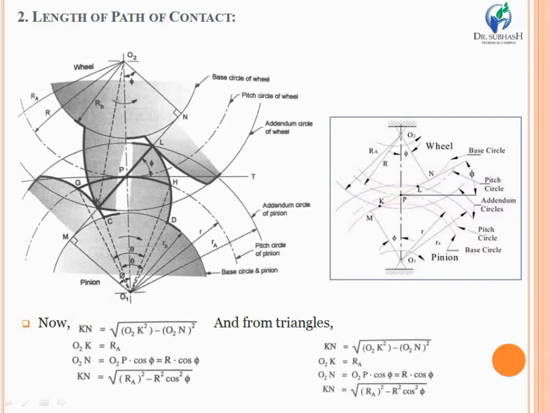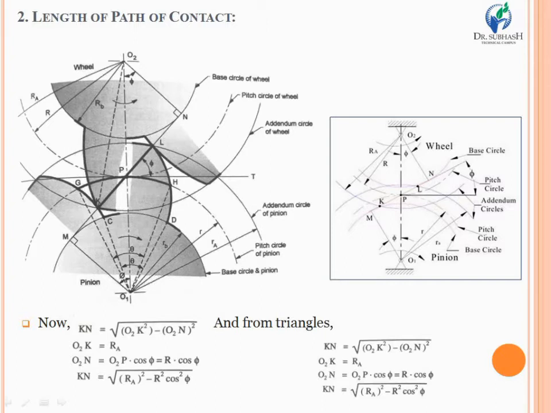So ultimately, over here M and N as well as K and L, if you calculate the distance KL, it will be known as the length of path of contact. The length of path of contact of two meshing involute gears is equal to the length on the common normal which is cut by the addendum circles of the wheel and the pinion.